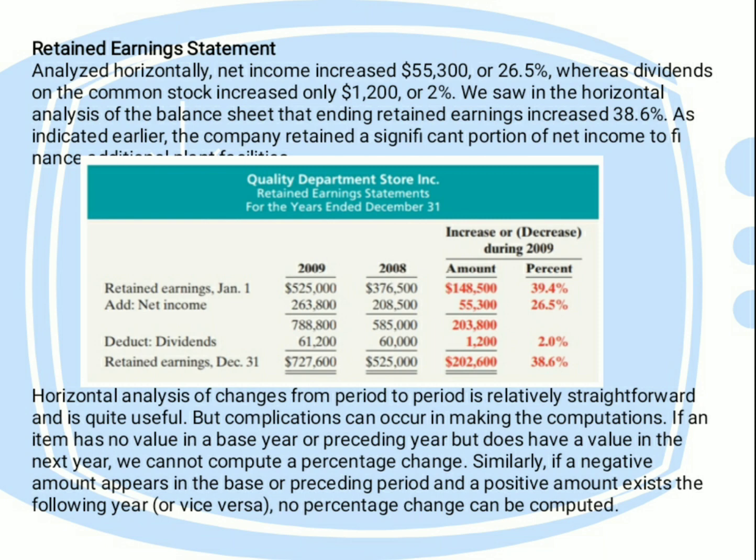Horizontal analysis of change from period to period is relatively straightforward and is quite useful, but complications can occur in making the computation. If an item has no value in a base year or preceding year but does have a value in the next year, we cannot compute a percentage.